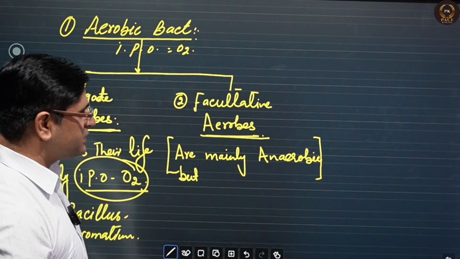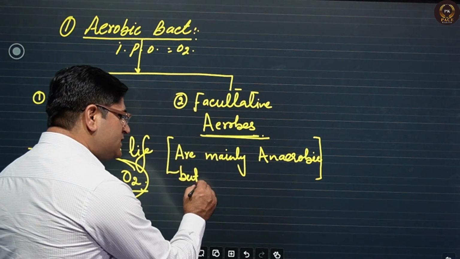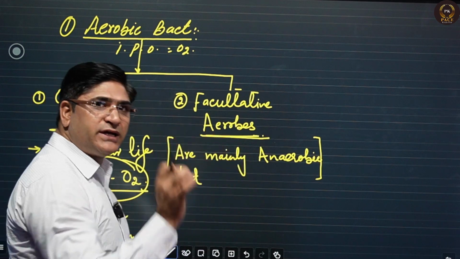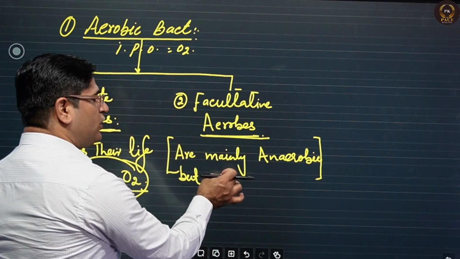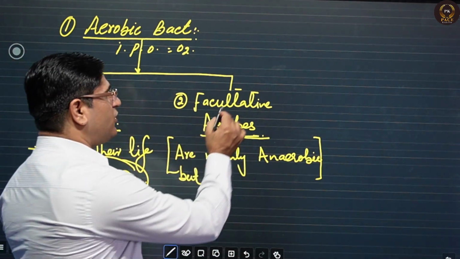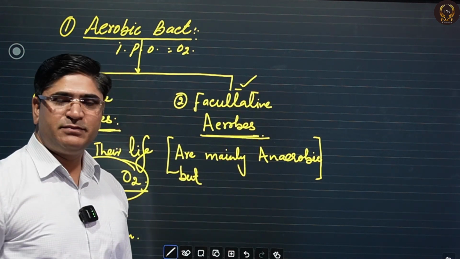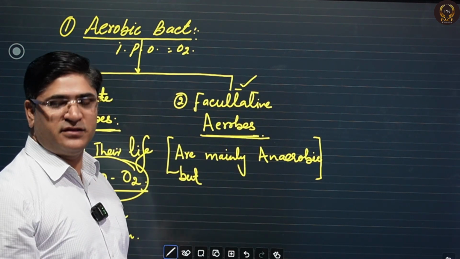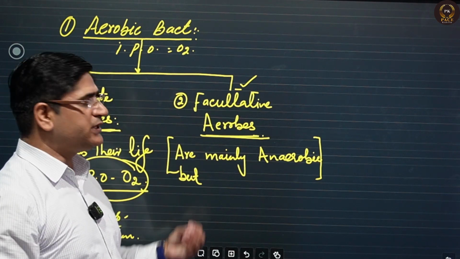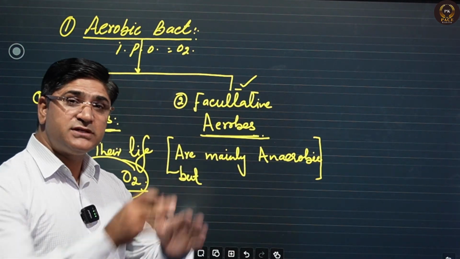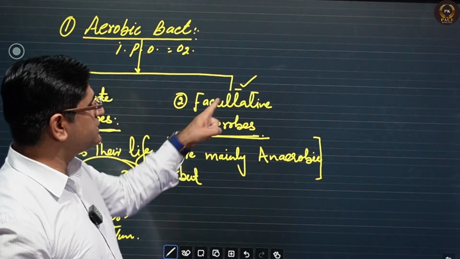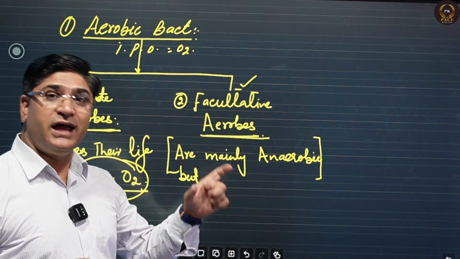This ability of these bacteria to survive in presence of oxygen also is called facultative. That means they are facilitated in this kind of condition so that they can survive in presence of oxygen also. So they are called facultative aerobes.